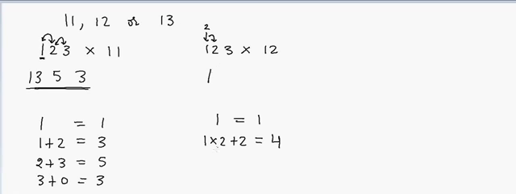Then for calculating the third digit of the answer, I'll do 2 into 2 plus 3, that will be equal to 7. So I multiply this by 2 and then add the 3, so that will be equal to 7.